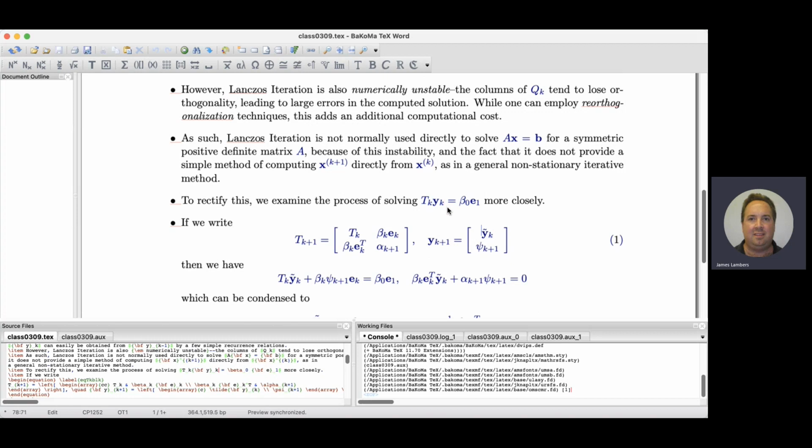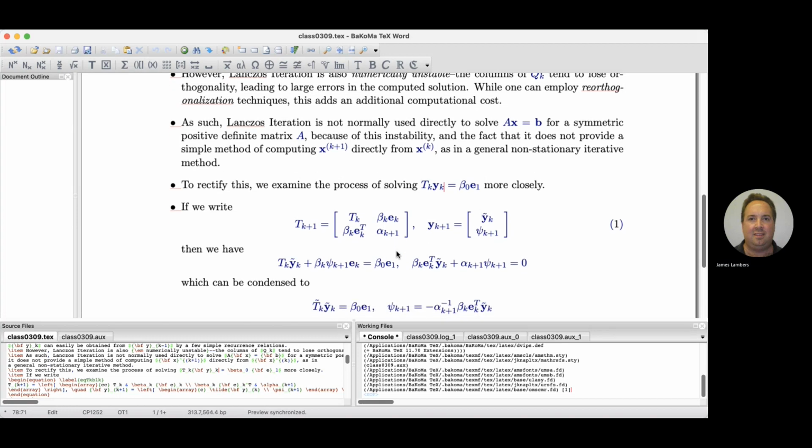That's actually one of the reasons why Lanczos cannot easily be expressed as a typical non-stationary method, where you can get each iterate in terms of a previous one, because these two vectors are not the same. We'd actually like to rework this solution process so that we can get each vector easily from a previous one just by adding on one more element. And so we are working towards that goal.